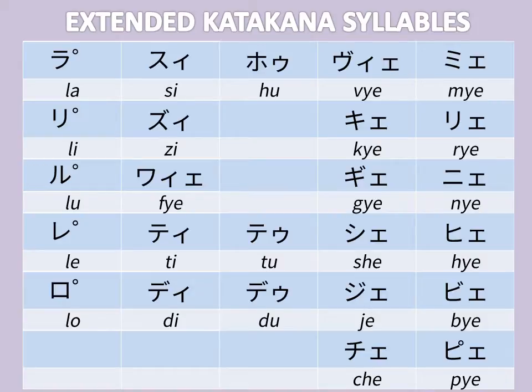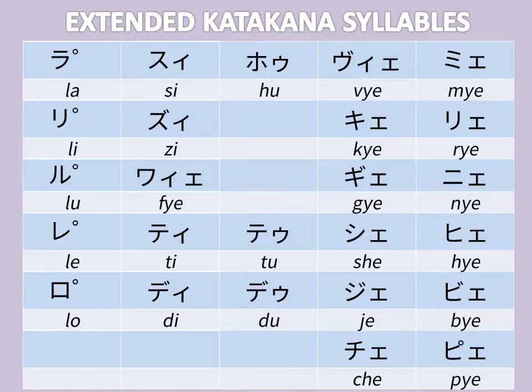Moving on to the second column, we have su and a small e, converting it to se. And in the same column, the next one we have su with a dakuten, converting it to zu. So zu with a small e, converting it to ze. Moving on, this time we have 3 characters.